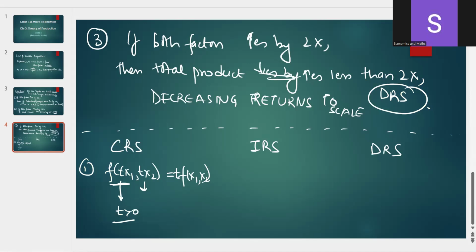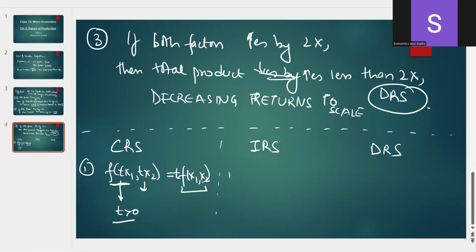If the total output also increases by t times, in the same proportion, then it is called constant returns to scale.